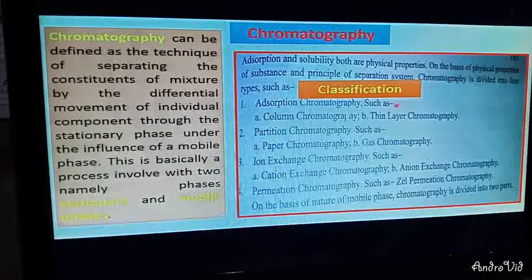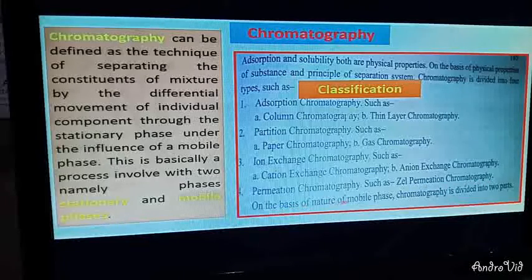Adsorption chromatography is classified into column chromatography and thin layer chromatography. Partition chromatography is divided into paper chromatography and gas chromatography. Ion exchange chromatography is divided into cation exchange and anion exchange chromatography. And permeation chromatography is also called gel permeation chromatography.